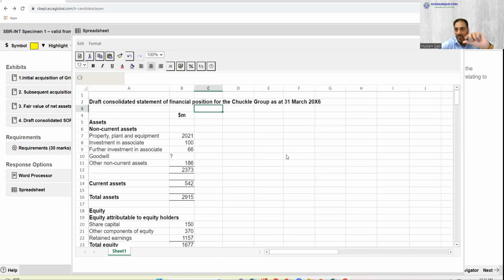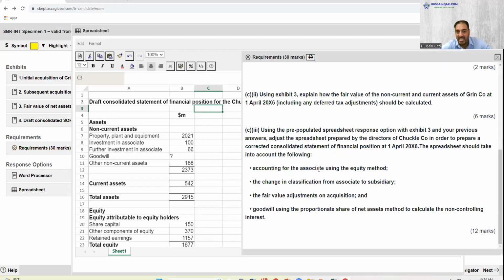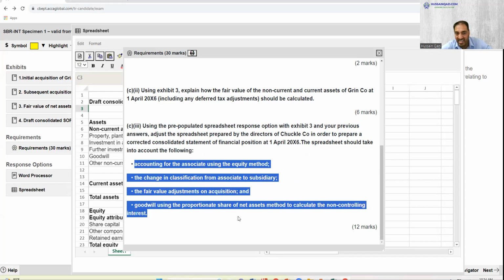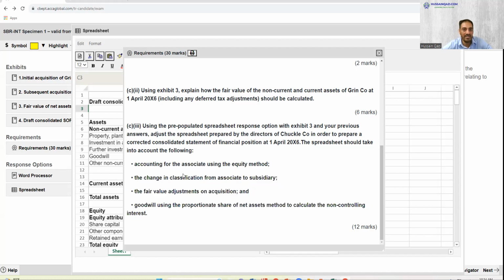So very first point, the student will face the challenge of where the adjustment should be started. I strongly suggest the adjustments should be started in the sequence of adjustments mentioned by the exam. Number 1, for example, accounting for associate using the equity method.